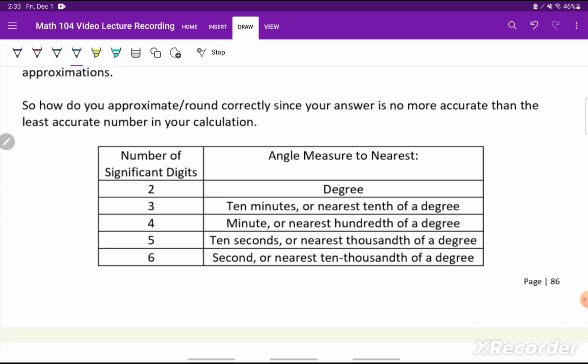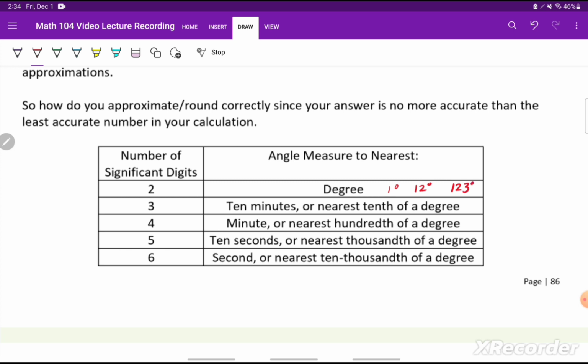So let's talk about, as we're measuring angles in degrees, minutes, and seconds, how we would identify significant digits. Well, if your angle is measured to the nearest degree, that's 2 significant digits. And that's regardless of how many digits your degree is, because we could have 1 degree, 12 degrees, or 123 degrees.